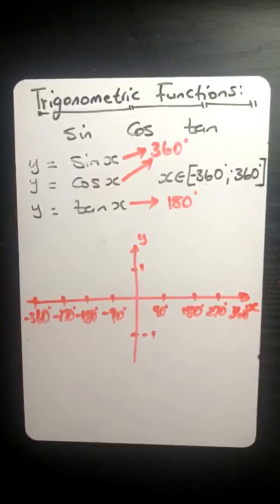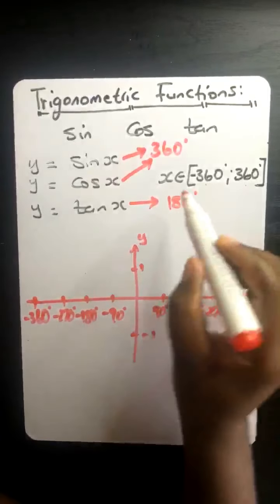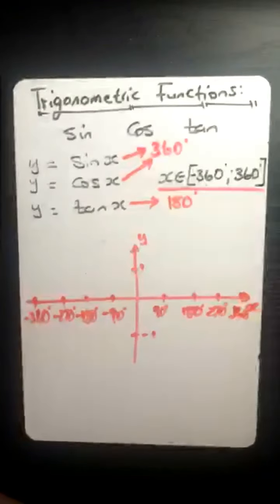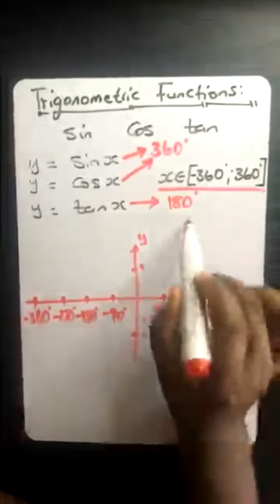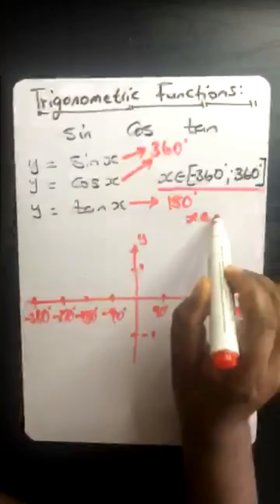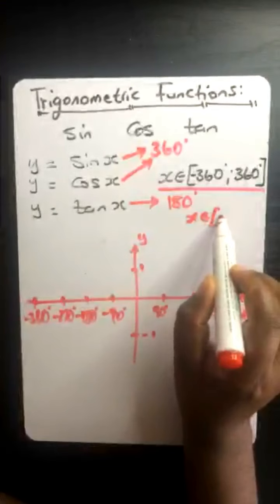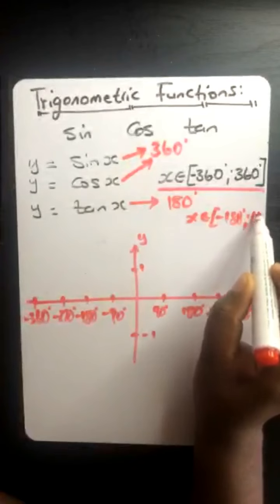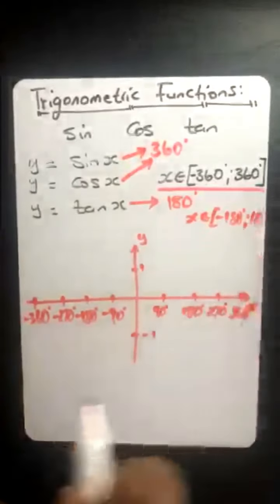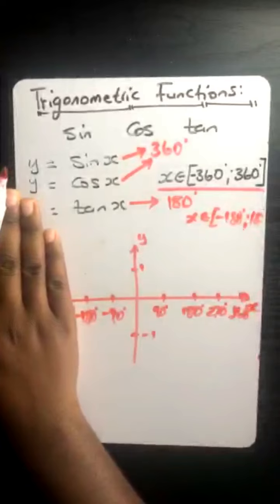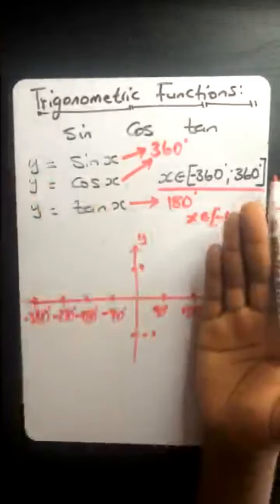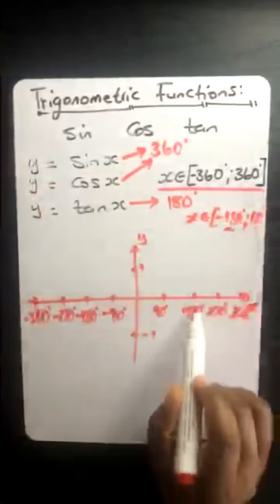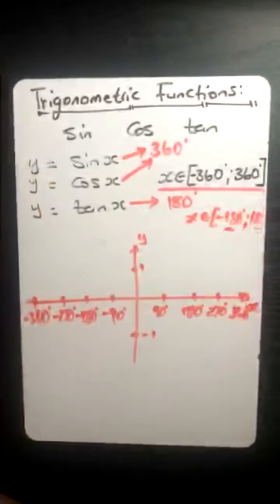This is what guides you in terms of where to start and where to end. If they said x is an element of negative 180 degrees and positive 180 degrees, then when you sketch, you don't show the parts outside, because they say start from negative 180 and end at positive 180.